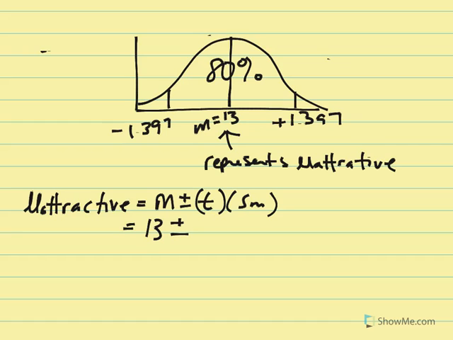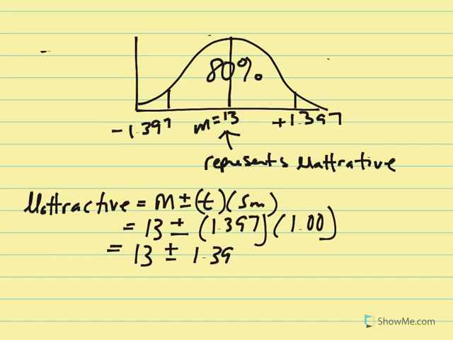Again, it's not the t statistic, it's the t that comes from the proportion in our t table, and that was 1.397. Again, this plus or minus takes care of the negative and positive version, and then multiply by estimated standard error, which was equal to 1. So we would say that 13 plus or minus 1.397 times 1, 1.397.